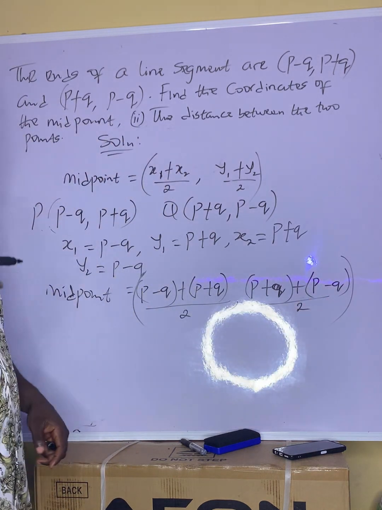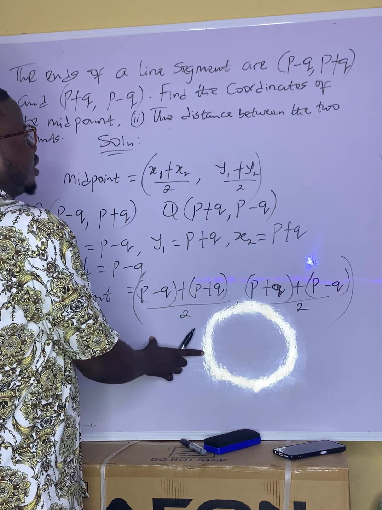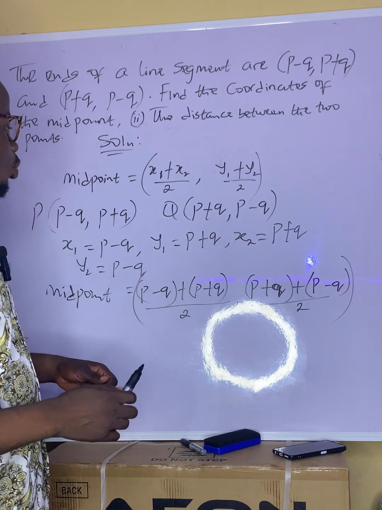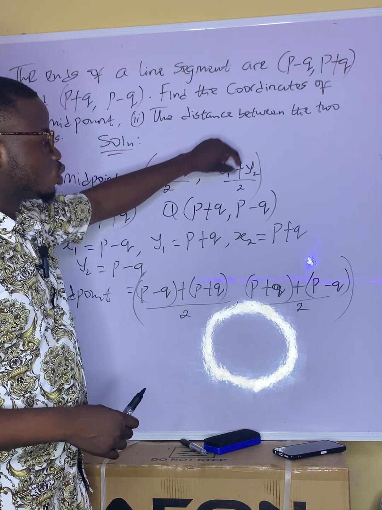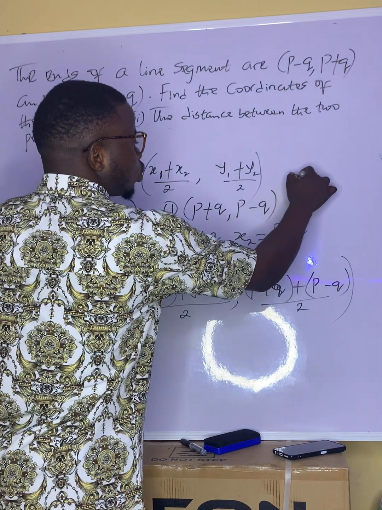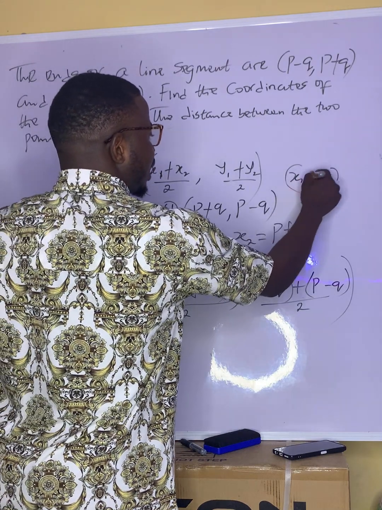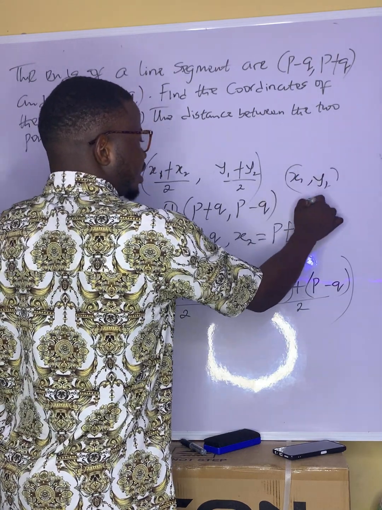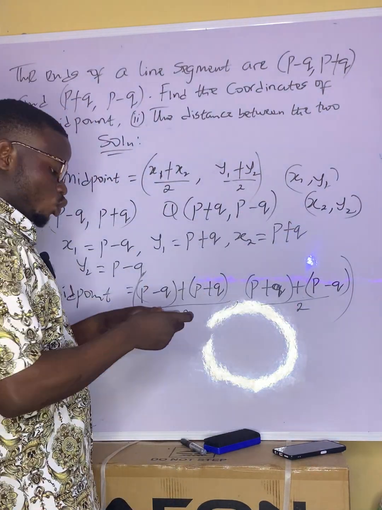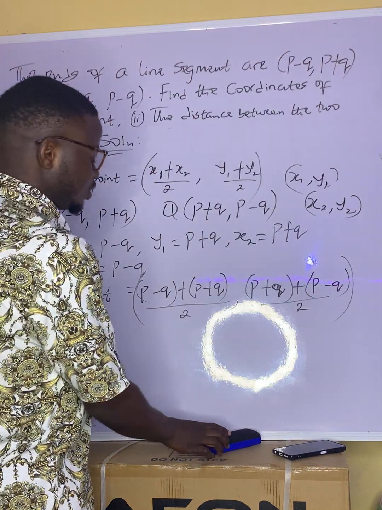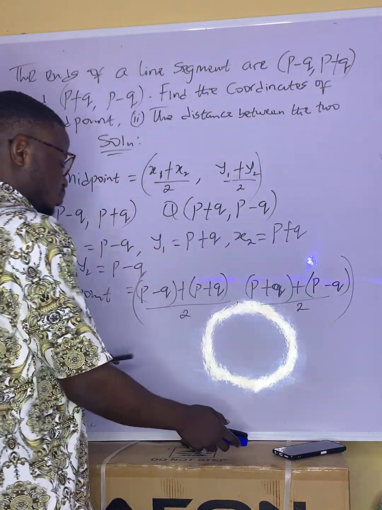So this is the formula for finding the coordinate of the midpoint between 2 points: x1 plus x2 over 2, then y1 plus y2 over 2, where x1, y1 is the coordinate of the first point, and x2, y2 is the coordinate of the second point. So we want to find the coordinate of the midpoint, that's what they ask us to find.